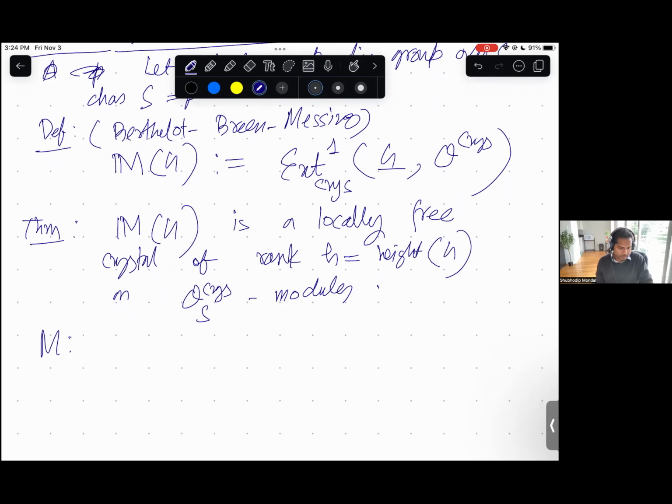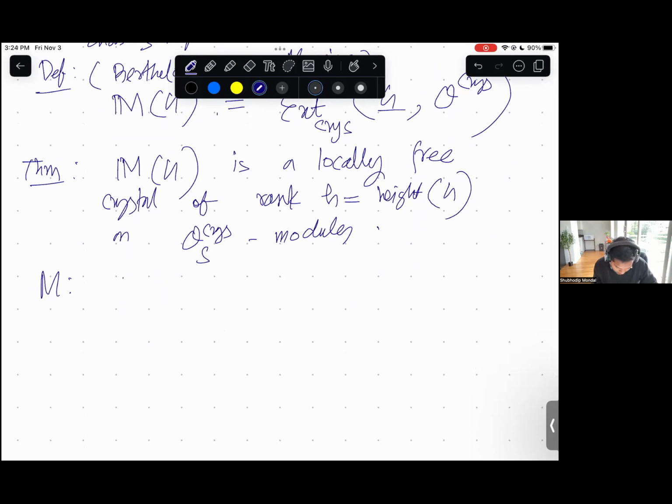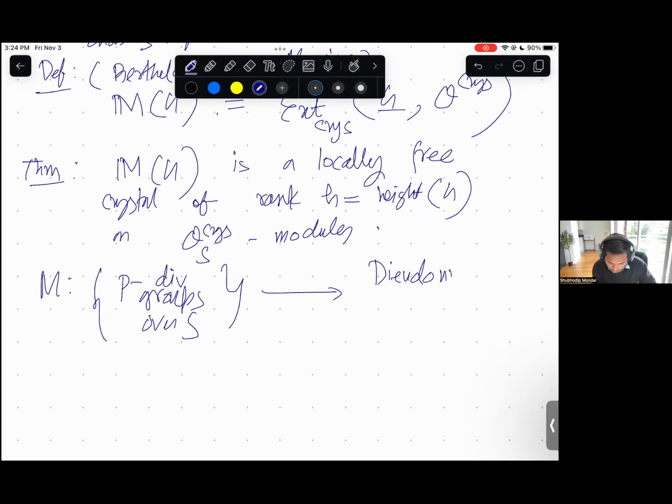So this defines a functor from the category of p-divisible groups over S to what we'll be calling Dieudonne crystals over S, which are locally free.